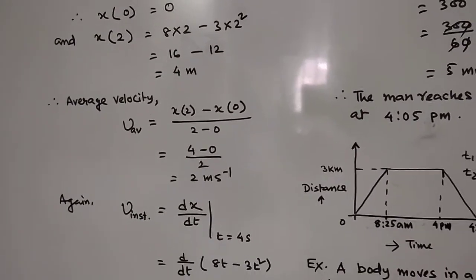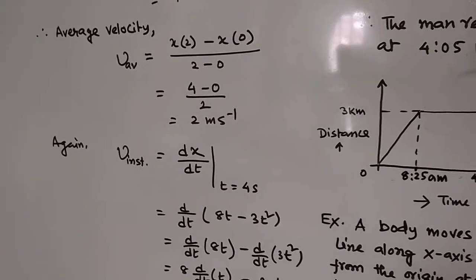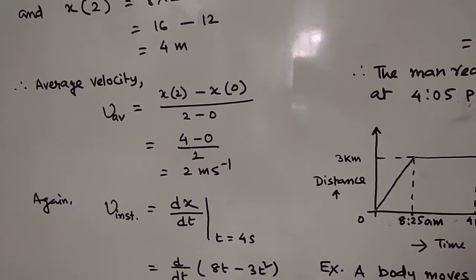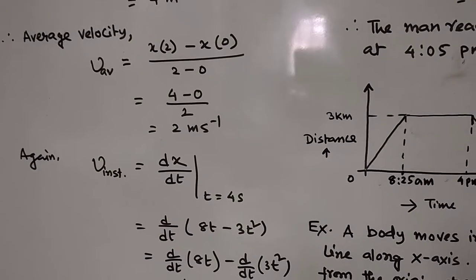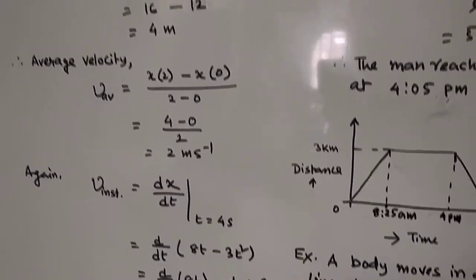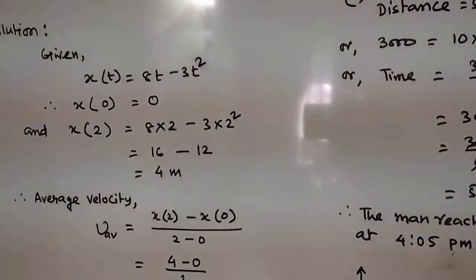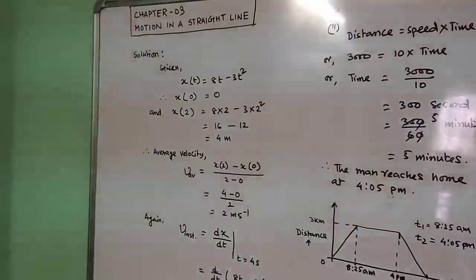Now regarding instantaneous velocity, we have to use this formula, which we have already defined: v_inst equal to dx/dt at t equal to 4 seconds. Now x is given to you, that is 8t minus 3t square.